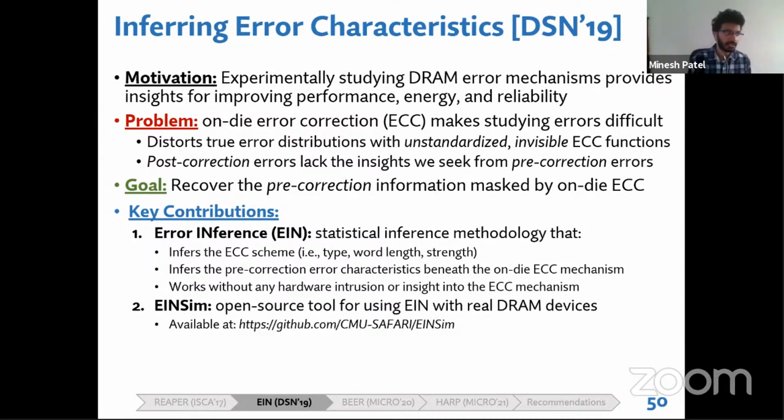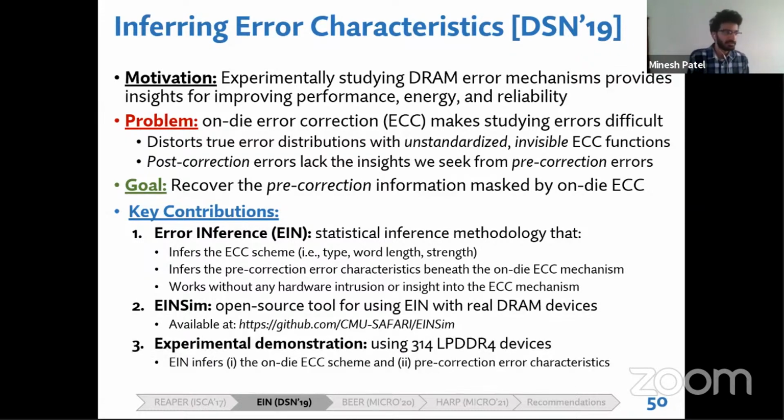Our second contribution is EINSim, which is an open source tool for applying EIN to real DRAM devices. We have this available on GitHub at the link shown on the slide. We also provide an experimental demonstration of EIN using 314 real LPDDR4 DRAM devices, and we demonstrate that EIN is able to infer the on-die ECC scheme and the pre-correction error characteristics within these chips.